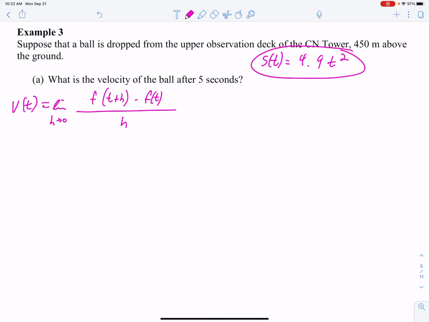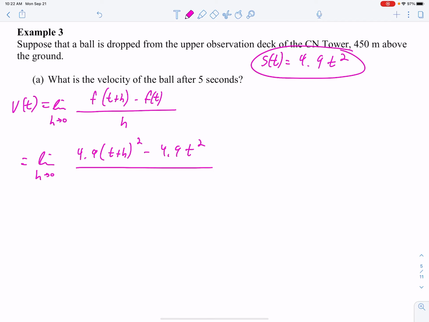So let's plug that in. Limit as h approaches 0. f of t plus h means it's going to be 4.9 times t plus h squared, replacing t with t plus h, minus 4.9 t squared all over h.